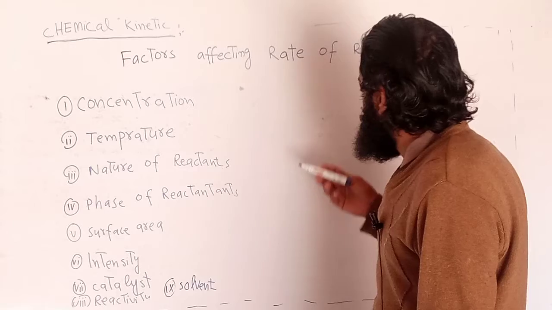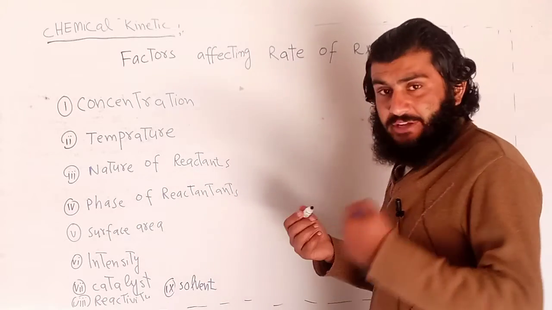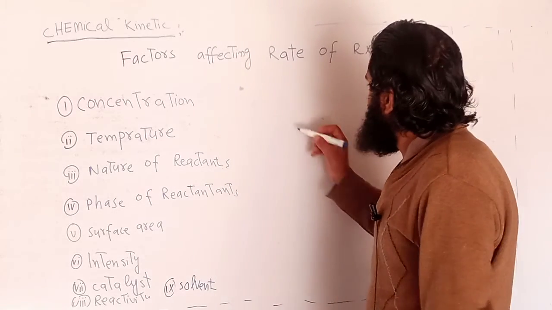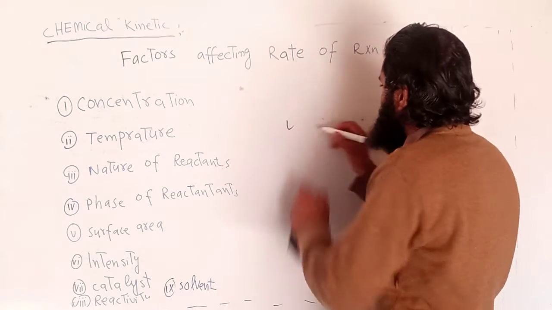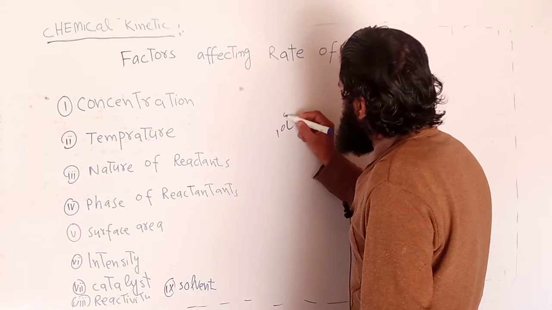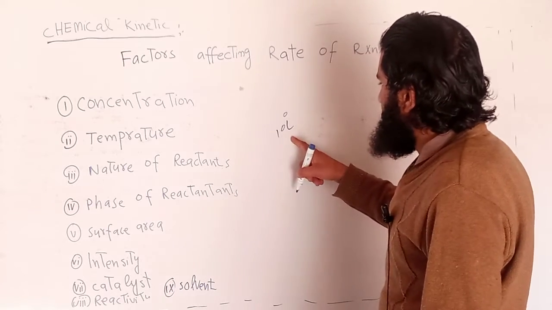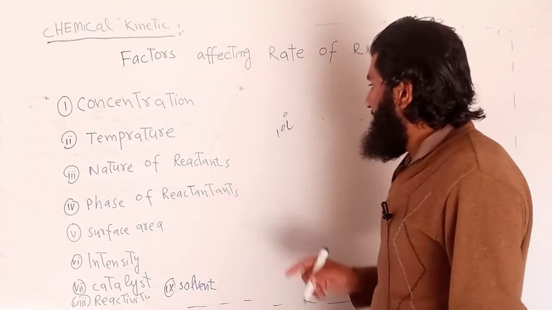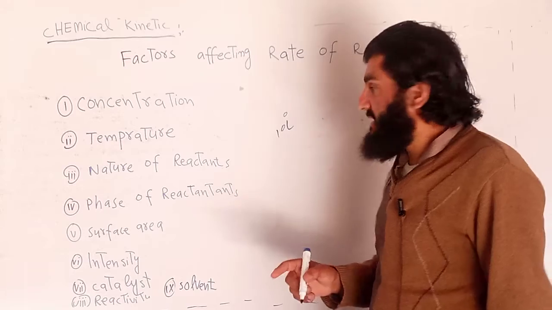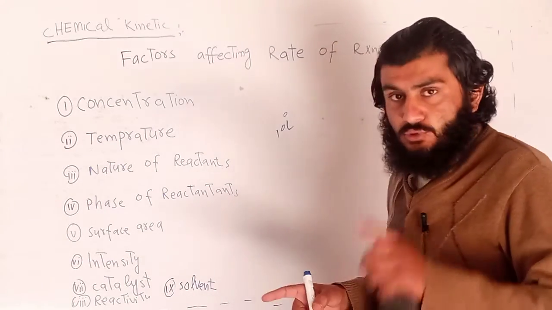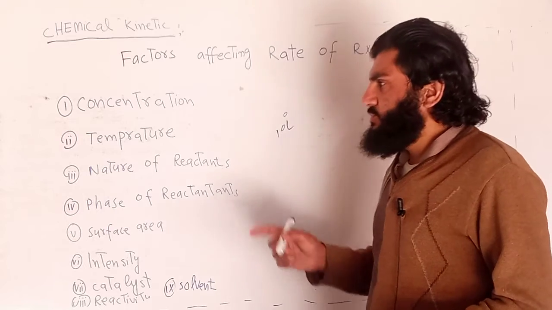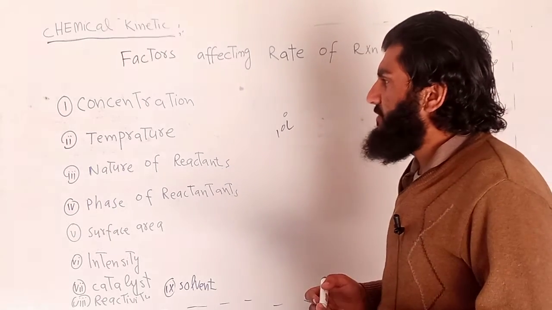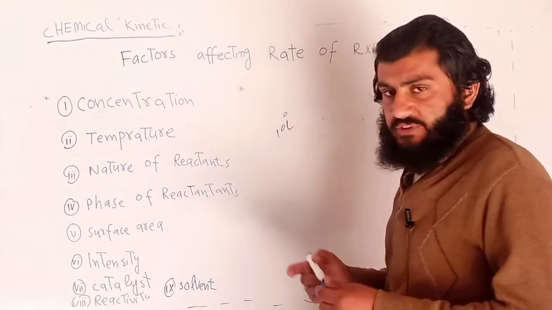In our textbooks it is given that if we raise the temperature of some reactions by 10 degrees Celsius, their rate will increase by 2 or 3 times, which is known as the temperature coefficient. Inshallah we will discuss this later in detail.